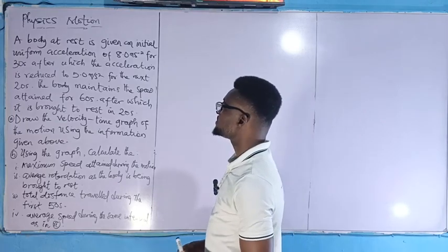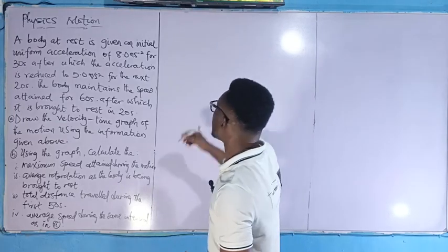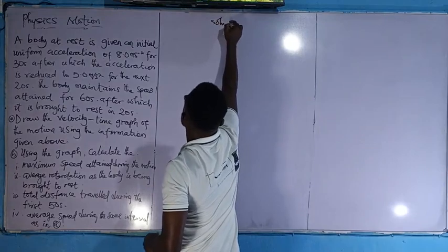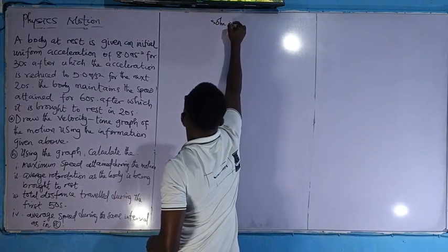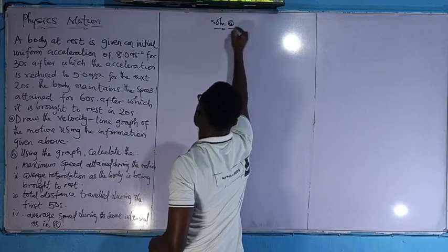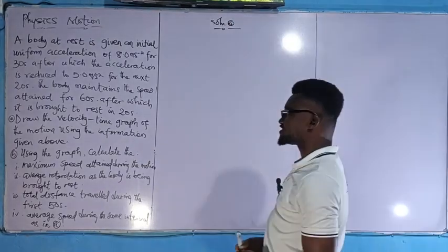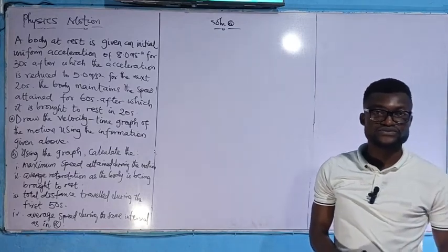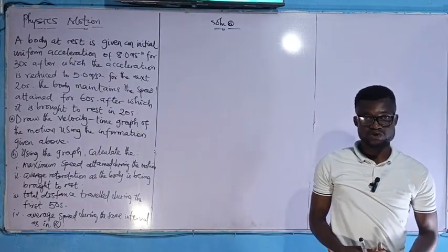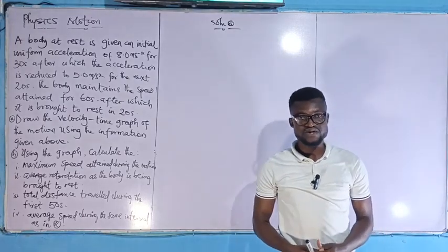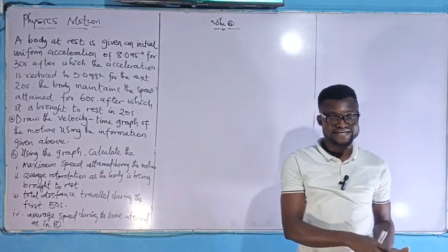So we are going to solve this. We have the solution to question A. We are asked to draw the velocity time graph, and as you know, a velocity time graph has a slope as acceleration because it's a graph of velocity against time.